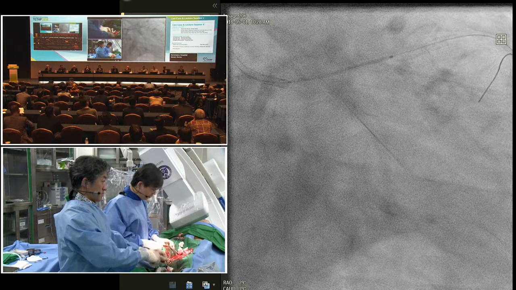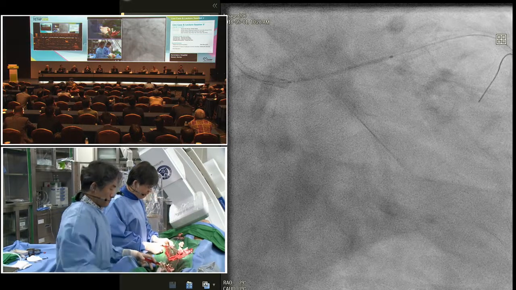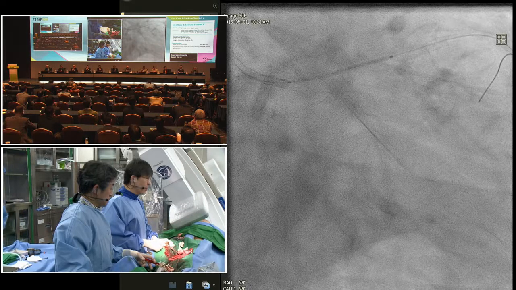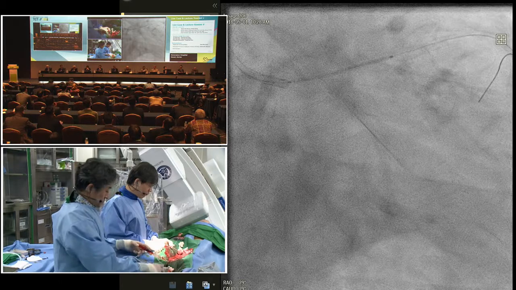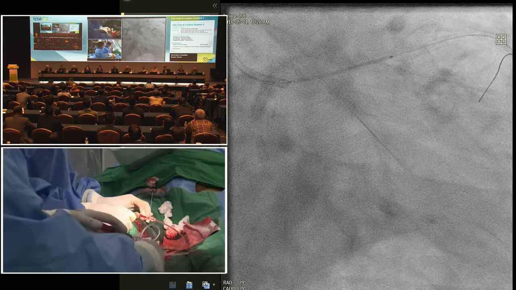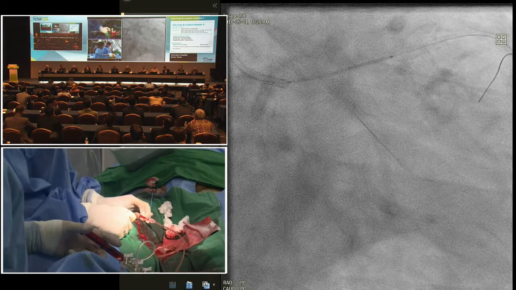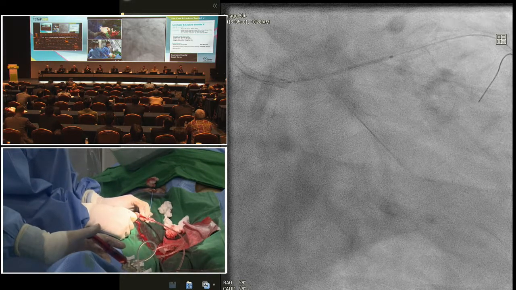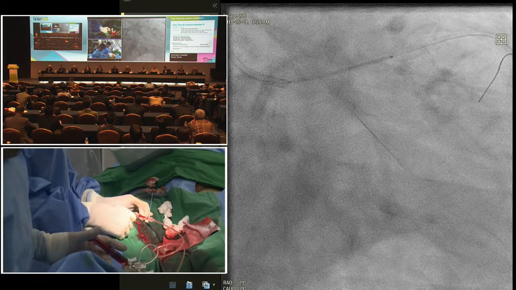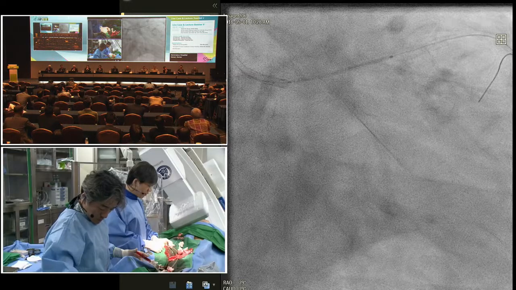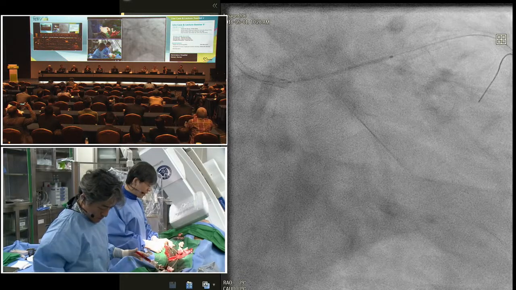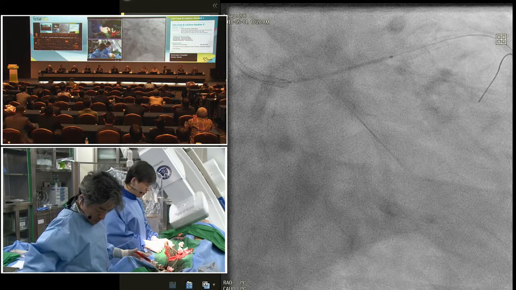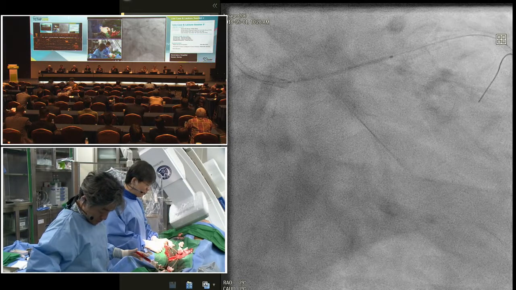The DK crush was developed in the first generation, but nowadays the stent profile itself is very excellent. So in the current generation of stents, I think any kind of two-stent technique is equivalent. It depends on the anatomy. So therefore, I'm not insisting on the DK crush. So let's see. I will try to cannulate.